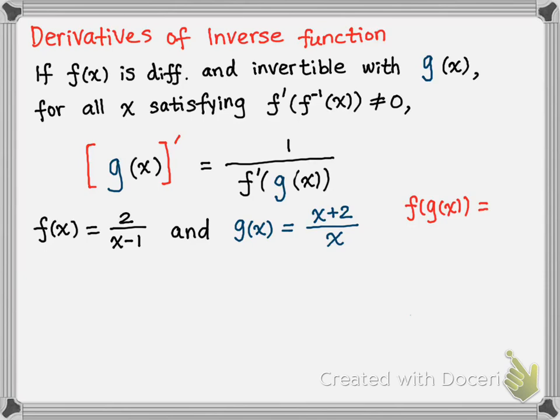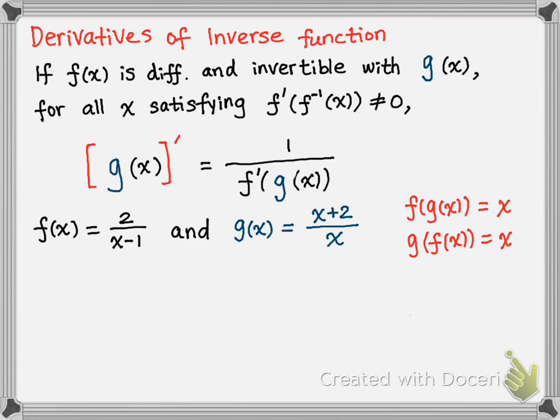What you should get is x back. And that's why we call f and g inverse. But at the same time, you also need to make sure g of f of x also gives you x back. In that case, those two functions are inverse of each other. It should go both ways.